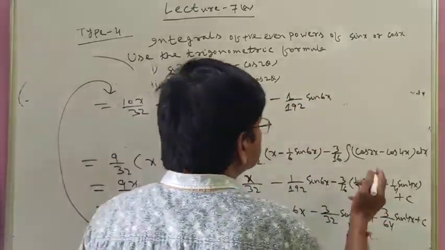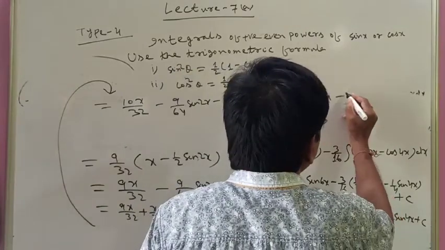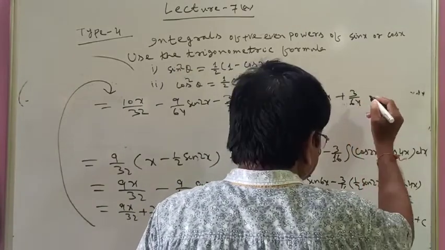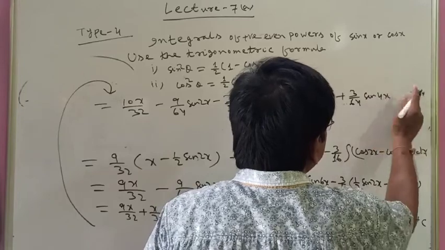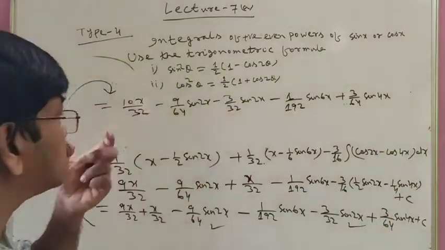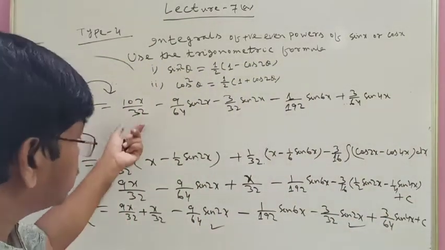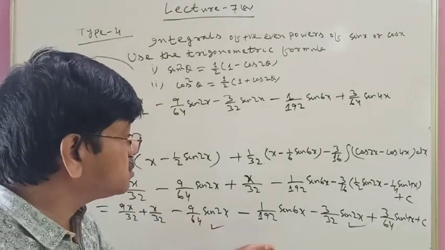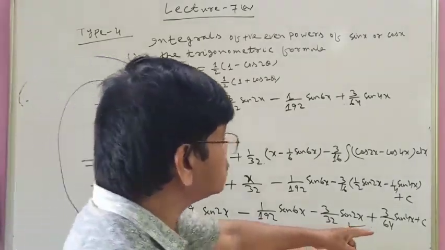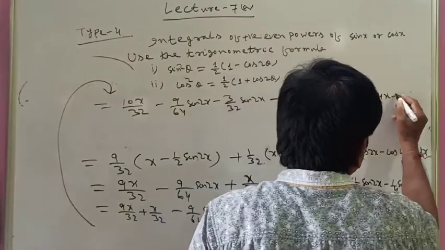Then this is 3 by 64 sin 4x. Clear? So these two you are getting like this. Here is sin 2x, here is sin 2x, then this sin 6x, this sin 4x. Then plus a constant c.